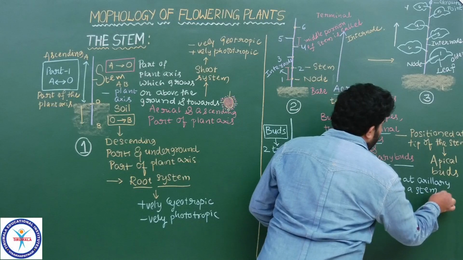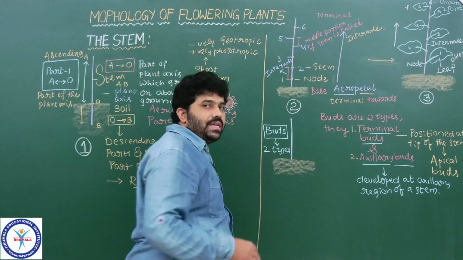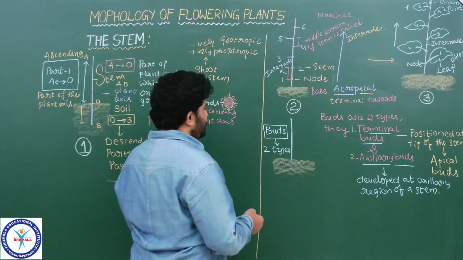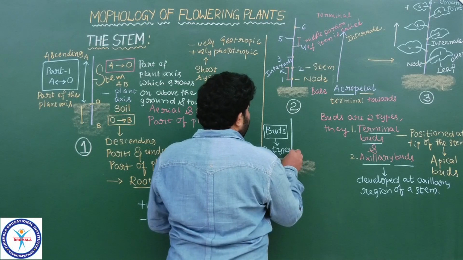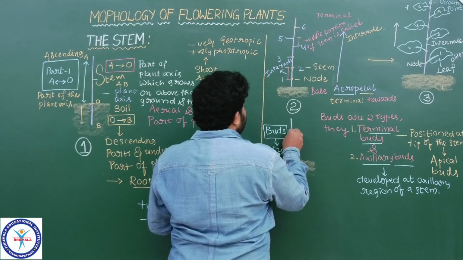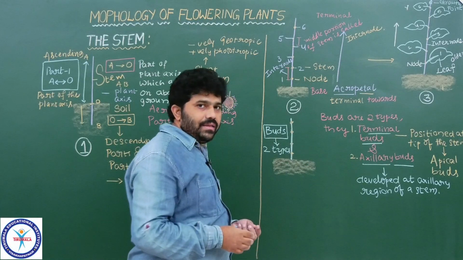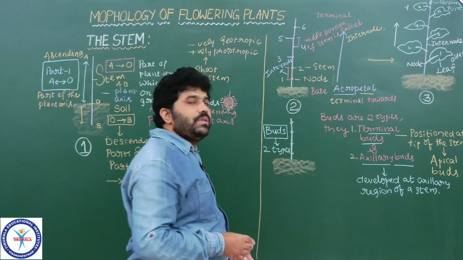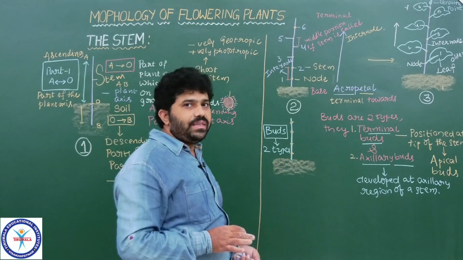Let us know something about what the axillary region is. On this diagram we can understand. See here, suppose it is a stem. It is differentiated into nodes and internodes. For understanding's sake, we draw the diagram with only some of the leaves to understand what the axil is.